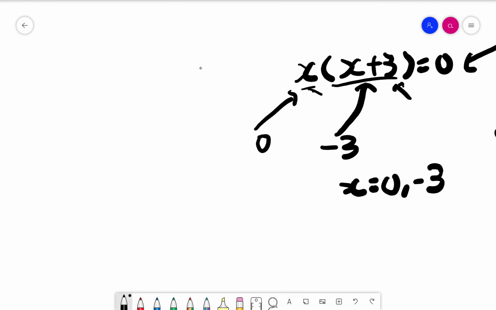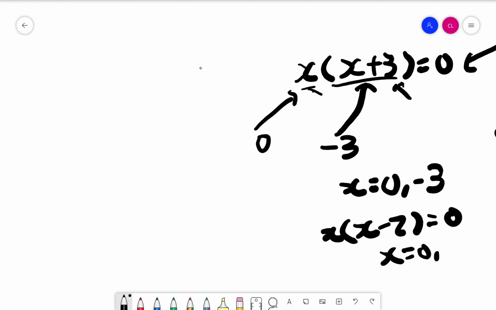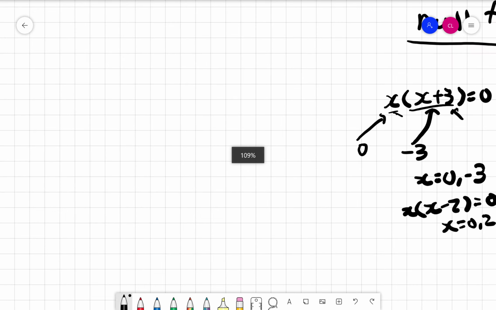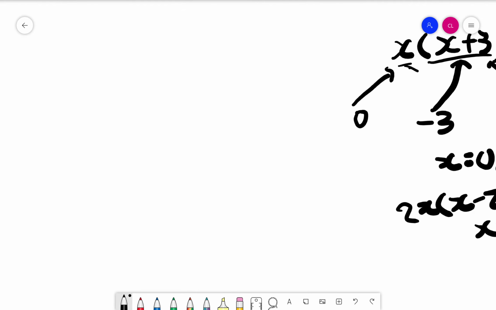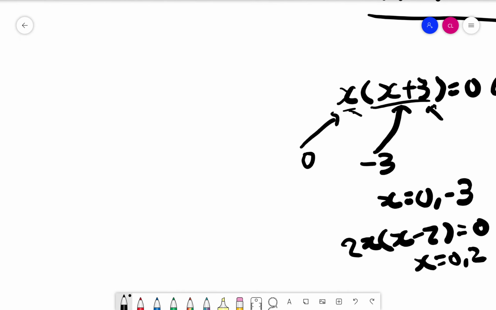For example, x(x - 2) = 0 would be x equals 0 or 2, etc. And it doesn't matter if we put a 2 here, because if we still have a 0 here, this would still be 0, so it doesn't change.